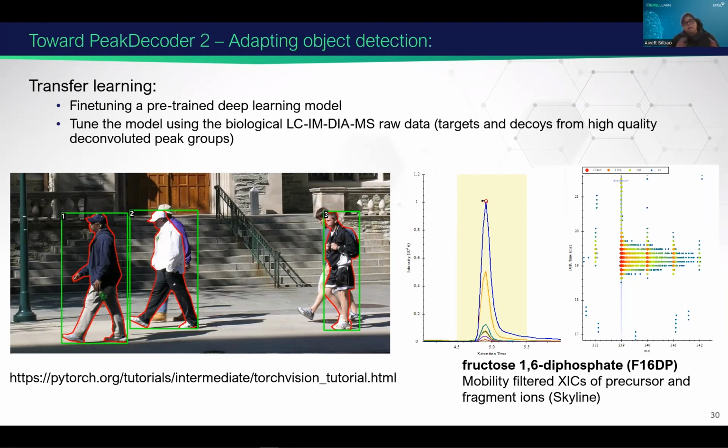Then we can take that model, adapt it and tune it specifically with mass spectrometry training data to learn to recognize this group of coeluting signals. And then we take the peak signals and create image representations of those to detect and score the identifications of the metabolites or the proteins.